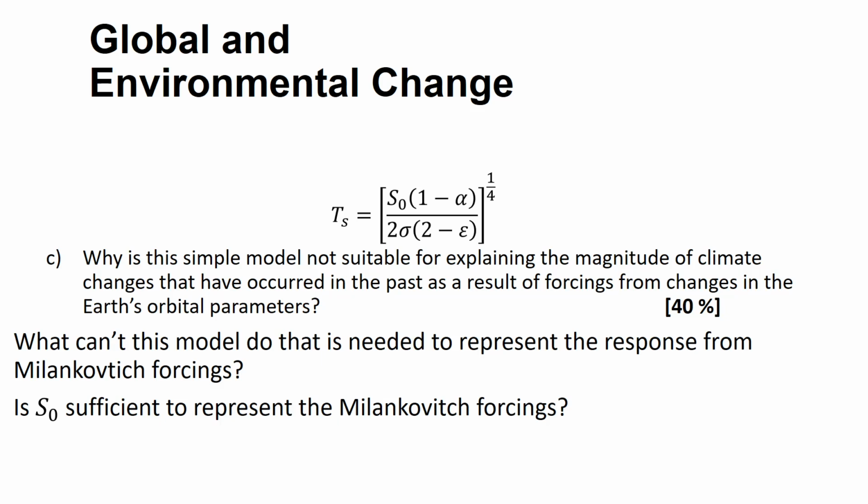And I've already hinted at why that might not be in my spiel that I've just given. This model only has a single value for the annual global average of the solar flux. Whereas the orbital forcings don't really change the average annual forcing. That doesn't change much with changes in the Earth's orbit.